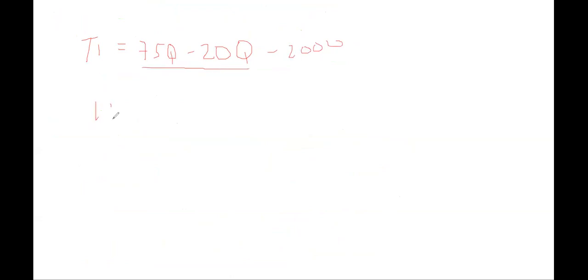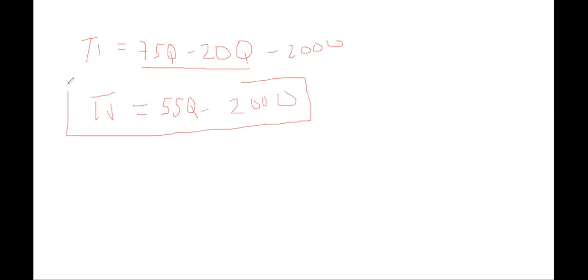So it will give us the profit function as this. So this will give us 55Q minus 2000. So this is our profit function. So we are up to here.